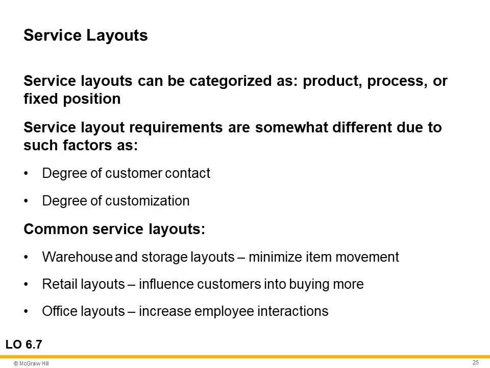The first is the degree of customer contact, which means how much your customer is involved in the service. You can compare a salon example with an online service. The second is the degree of customization, which is how much your service can be customized based on your customer's order.